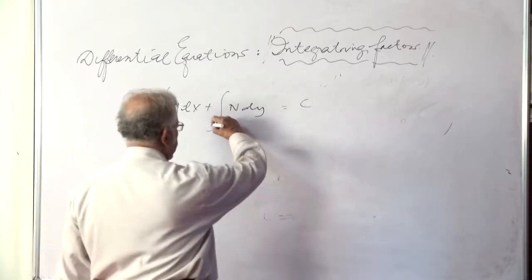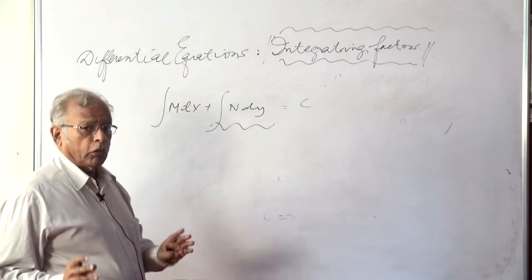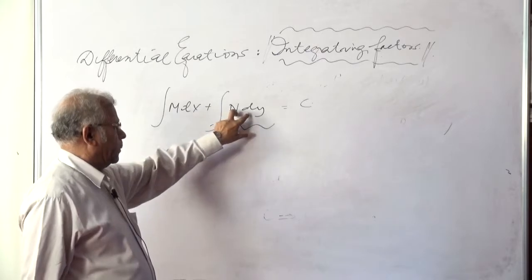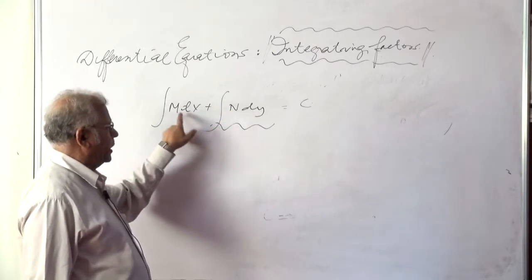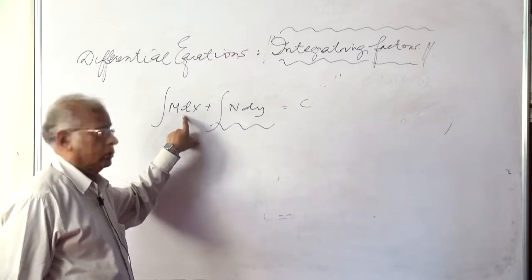So when we integrate this second one, we have to take care not to repeat any terms that appear here but which have already appeared in this integration. That is very important. That means double count is not allowed.